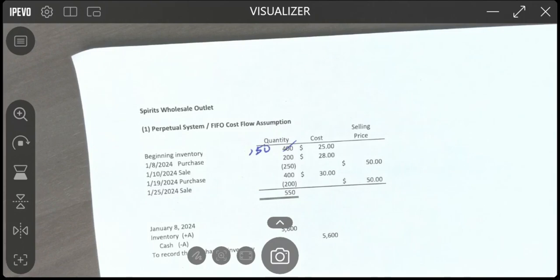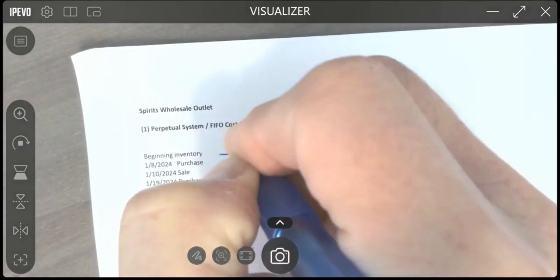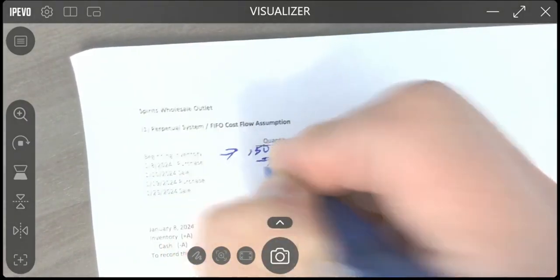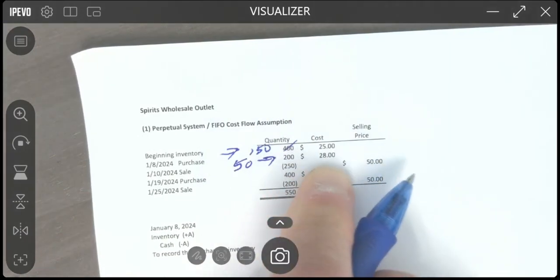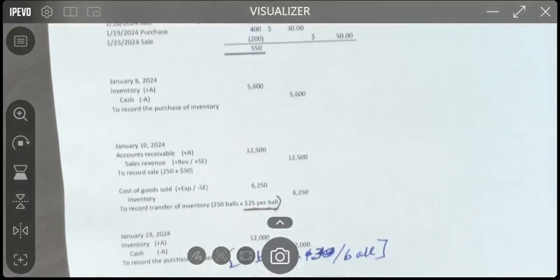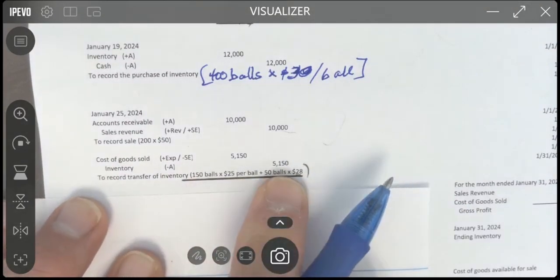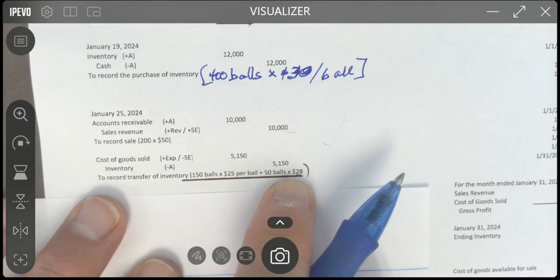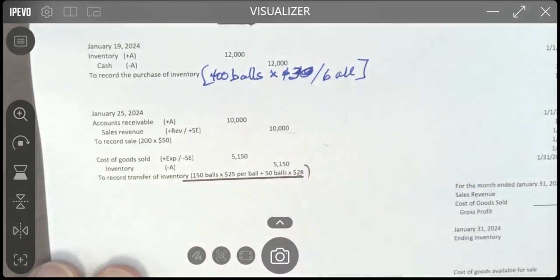So when we sold 200 this time, we assume we sold these 150 and 50 of those 200 at 28. So the cost of goods sold was 150 at 25 plus 50 at 28. And if you do the math on that, it's 5,150. And that's the end of the month.